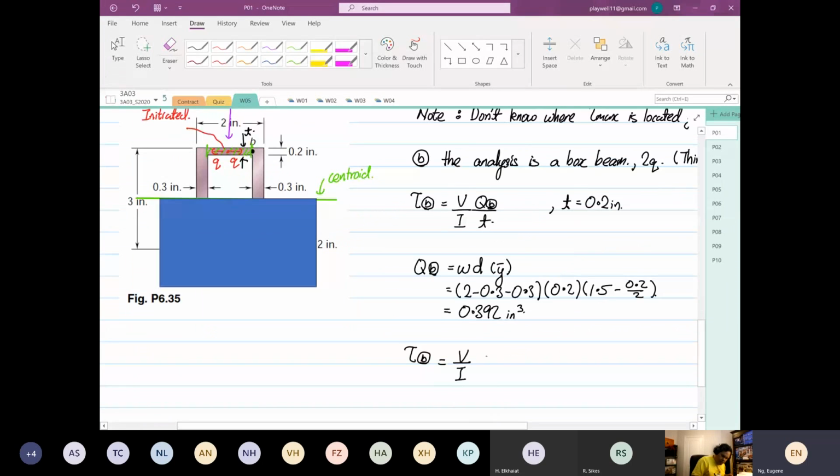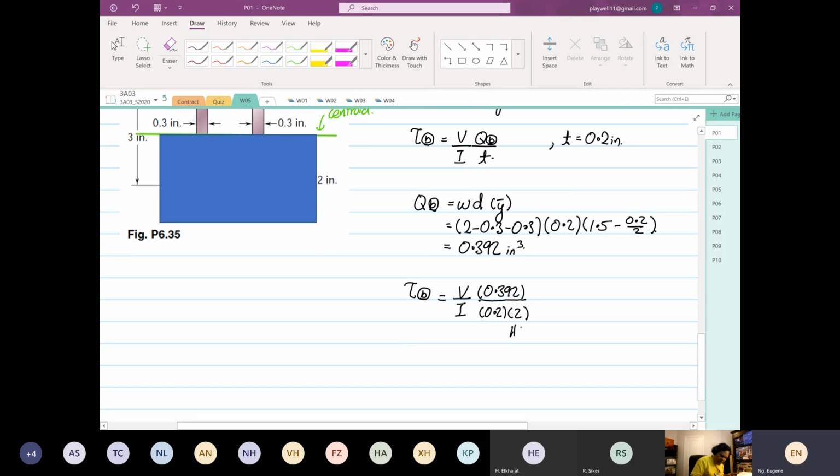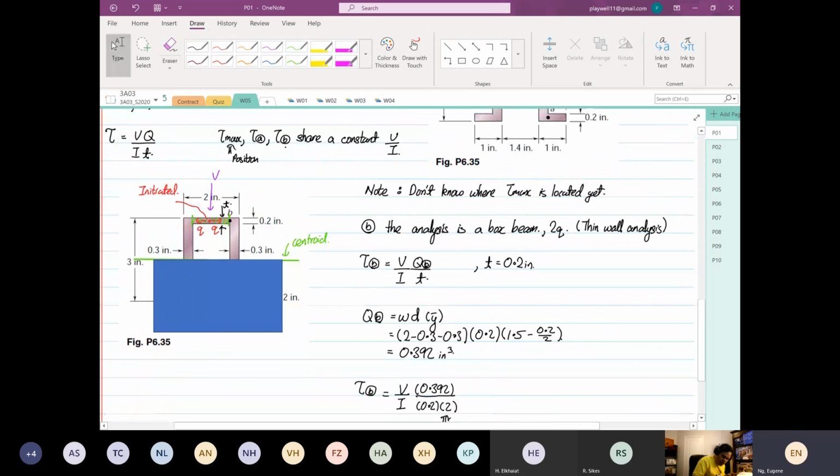So the Q is 0.392. The thickness is equal to 0.2. Now, over here, you have to put a 2 down here because it's a 2Q. Why 2Q?